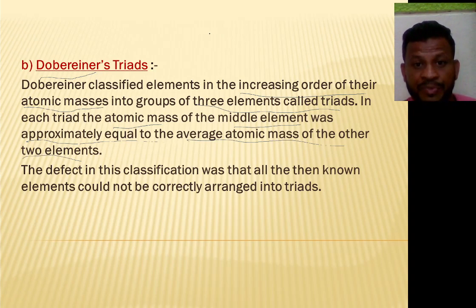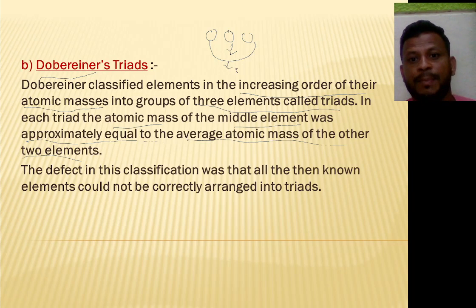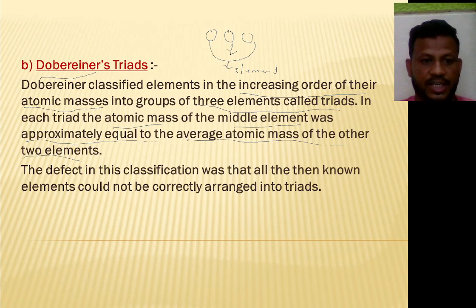Look here, if there are 3 elements, the atomic mass of the middle element is approximately equal to the average mass of these 2 elements. Are you getting my point? Like this, he classified the elements.